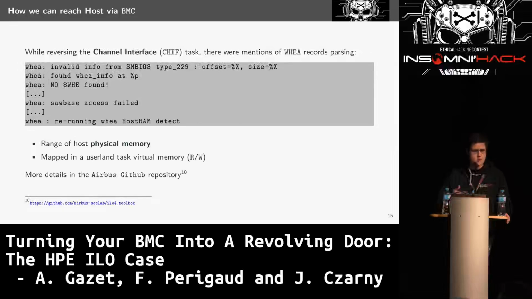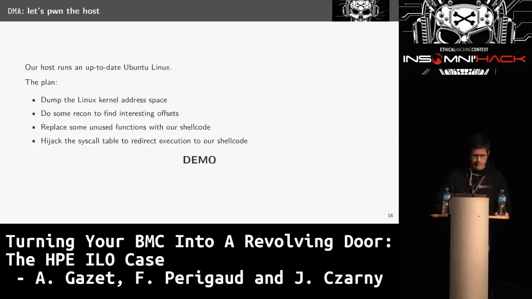So it means that the iLO was able to reach the host operating system RAM. We studied how it can be done, and we reproduced it in a shellcode. And by exploiting the vulnerability in the web server, we were able to access the host main memory. You can find more details on all this stuff on the repository.